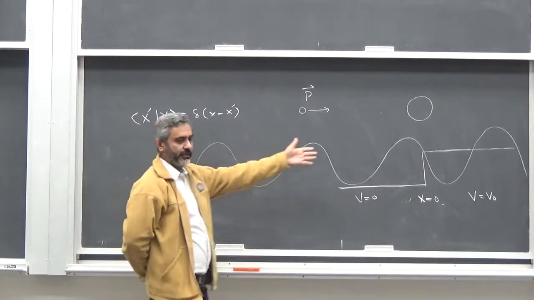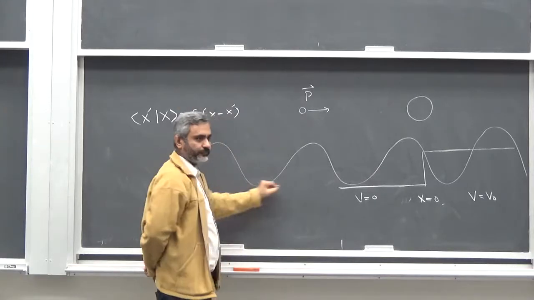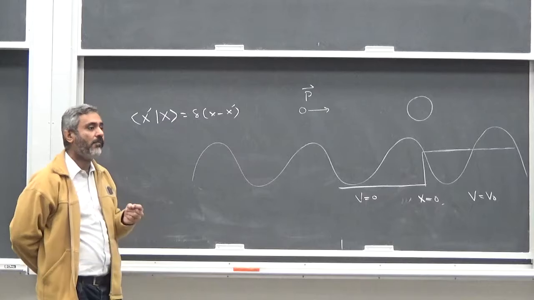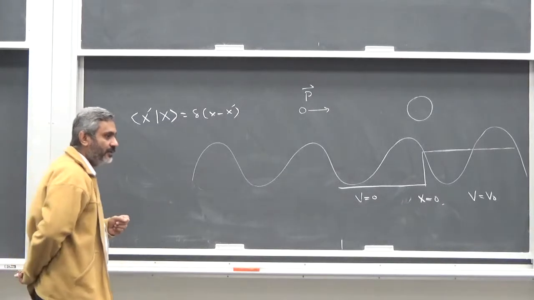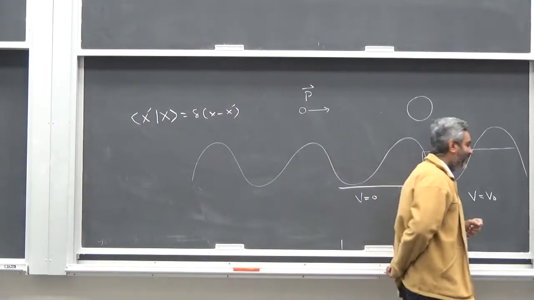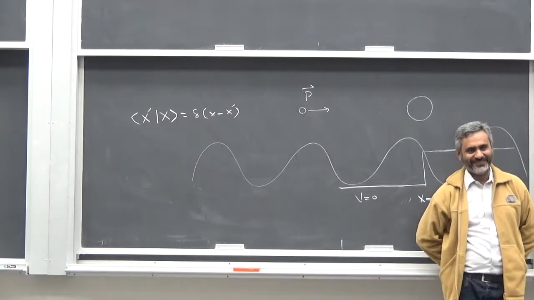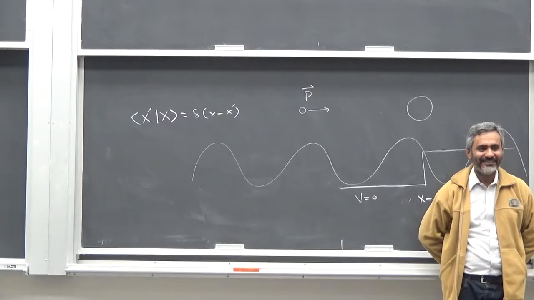Then it will not be like this. It will be a spike somewhere. It will just be in one state of x, so it will be stationary. What do you mean by stationary? If it's an eigenstate of x, then it would be on one fixed point of x.